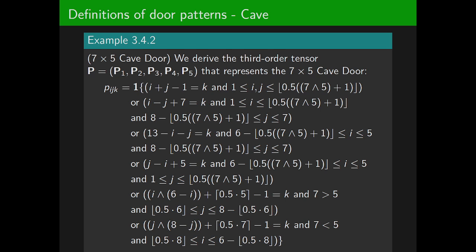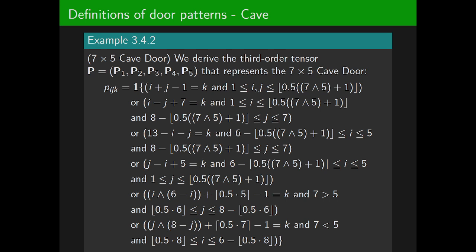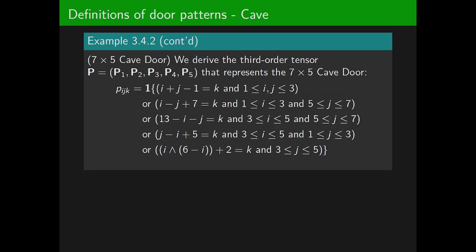Now we're going to move on to examine example 3.4.2 on the 7x5 cave door. Plugging the values m equals 7, n equals 5 into the definition of cave door, we get, first off, the third order tensor has 5 matrices. And then a bunch of inequalities here and here. Actually, the entire thing can be constricted down to this here.